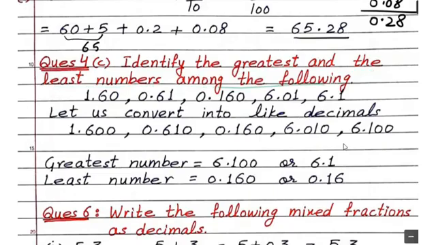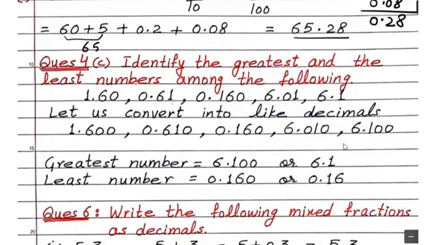Now, children, the first one is 1.60, 0.61, 0.160, 6.01 and 6.1. So let us convert into like fractions. How to convert? We can put zeros at the end. So 1.60 is 1.600.